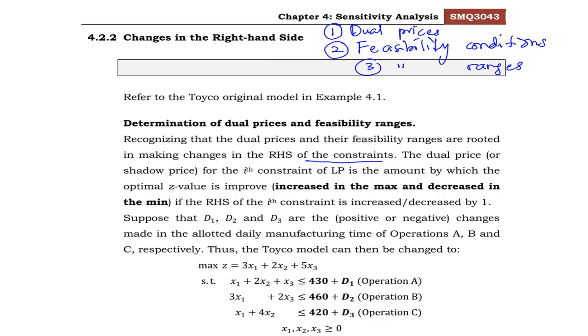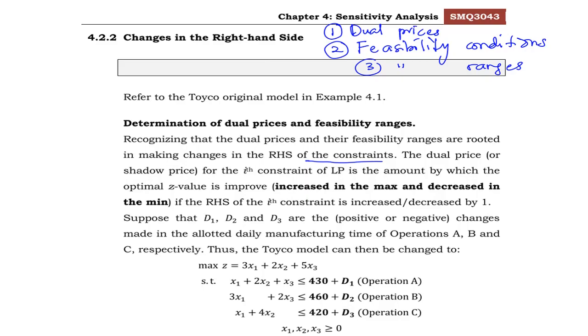Suppose that D1, D2 and D3 are the positive or negative changes made in the allotted daily manufacturing time of operations A, B and C respectively. Thus, the TOYCO model can then be changed to this new model.